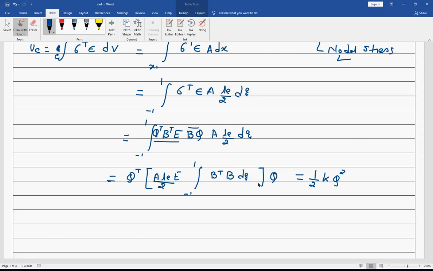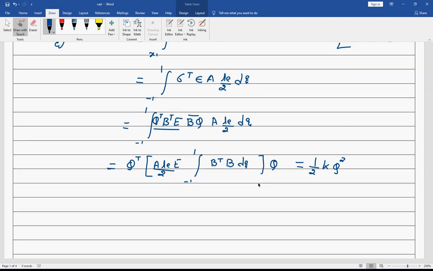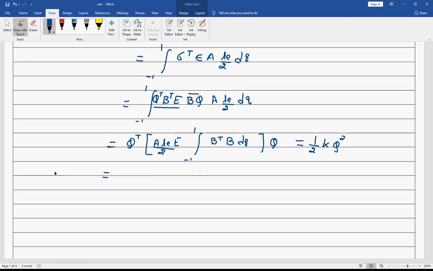From this, I could say my K will be equal to AE Le integration from -1 to 1 of B transpose B d xi.